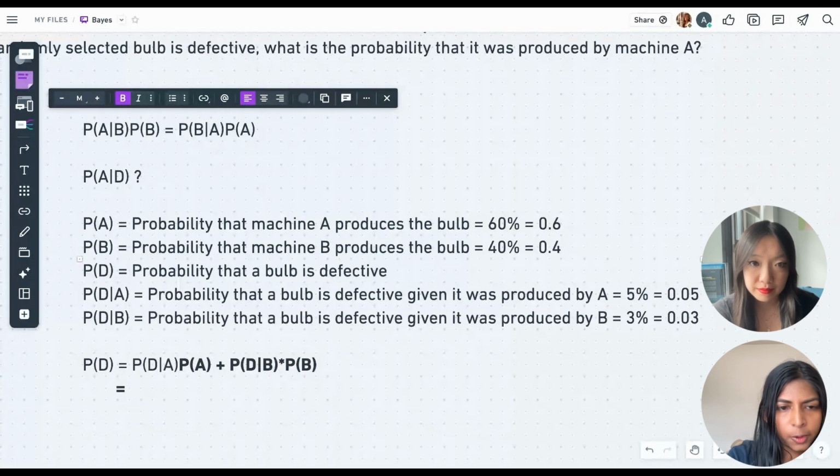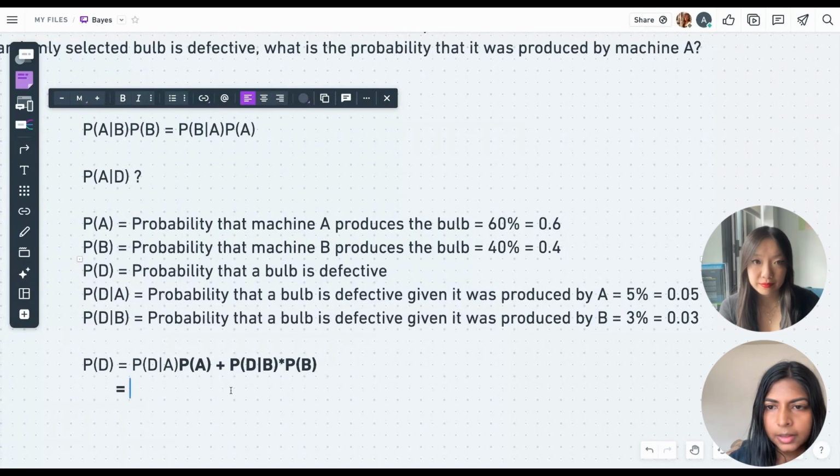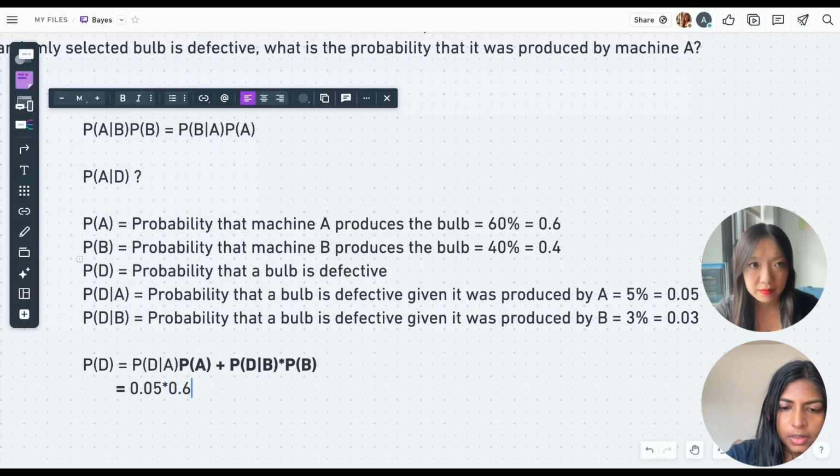And we already have all of these values, so I can just plug those in. So P(D|A) is 0.05 times P(A) is 0.6, plus P(D|B) is 0.03 times 0.4.